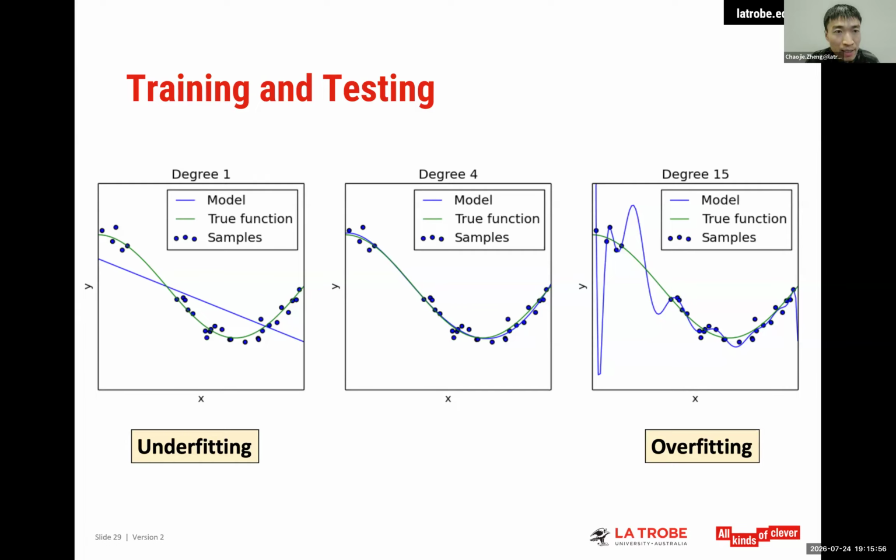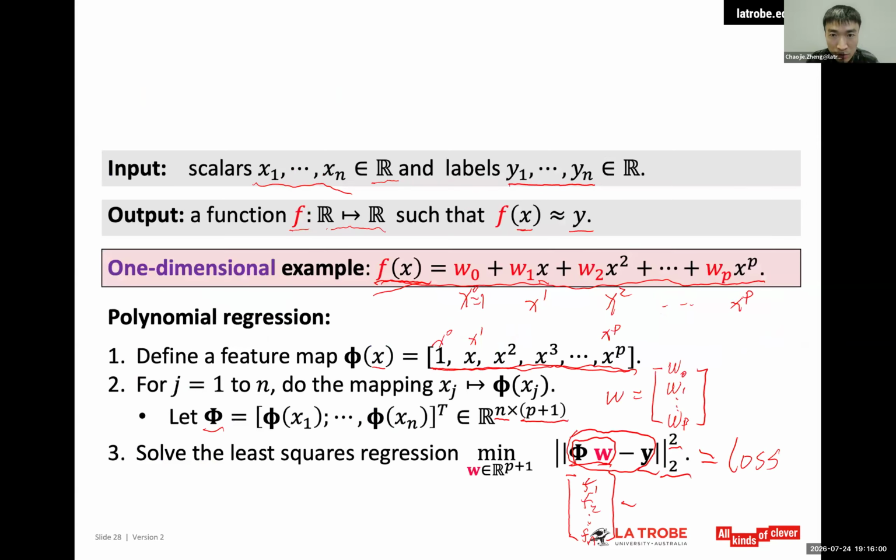So if we set degree to 1, that corresponds to p equals 1. When p equals 1, our model becomes W0 plus W1 x.